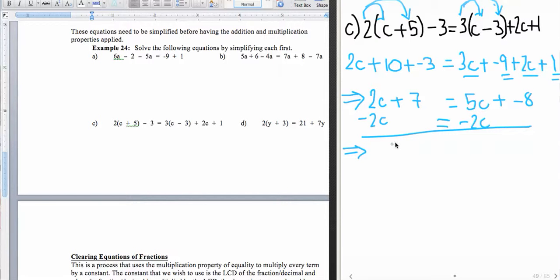And now I'm going to have the algebraic equation 7 is equal to 5 minus 2, which is 3c, plus a negative 8. And finally, I want to move this constant over here to be with this other constant. And so I'm going to add a positive 8 to both sides, and that's going to be giving me 7 plus 8, which is 15, and that's equal to 3c.